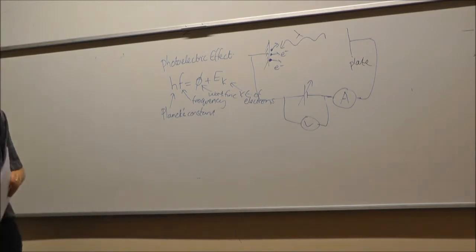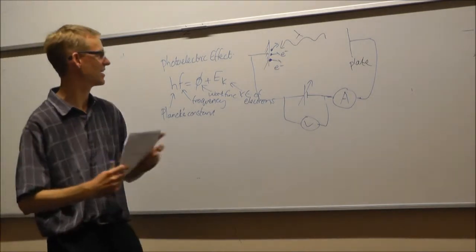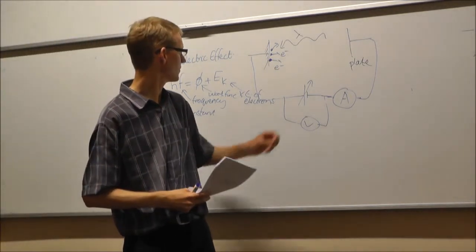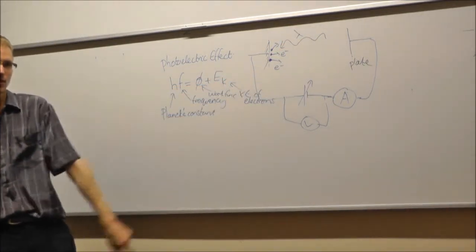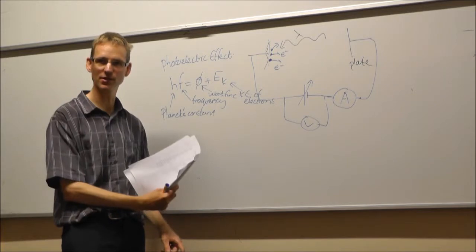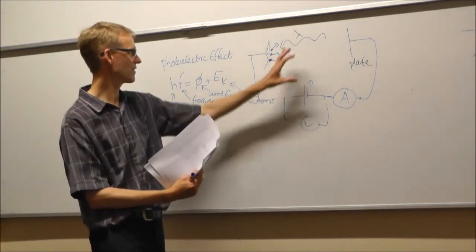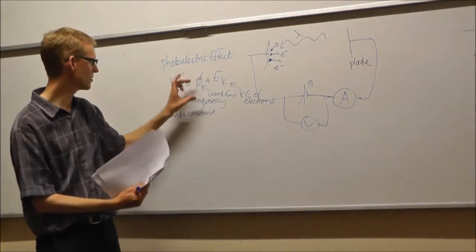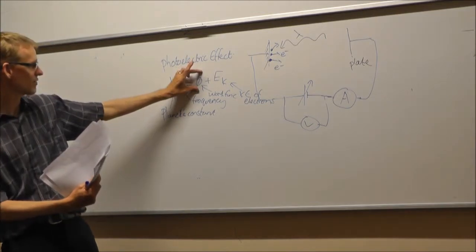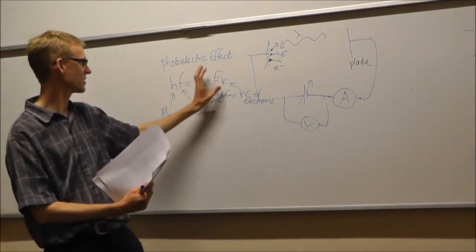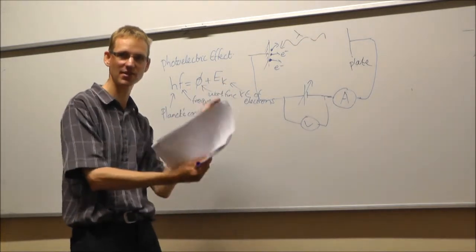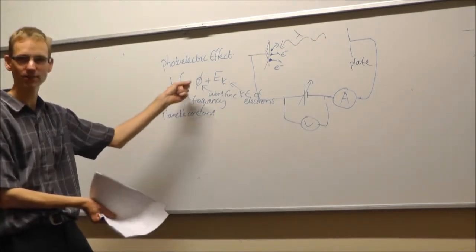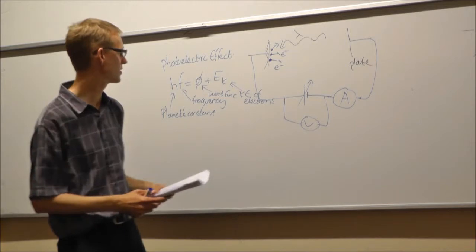Okay, so the key thing about the photoelectric effect is that an electron is emitted due to the incidence of a photon. So some of that photon's energy goes to getting over the work function, the rest goes to the kinetic energy of the electrons. How much energy does a photon have? Well, it's proportional to its frequency.